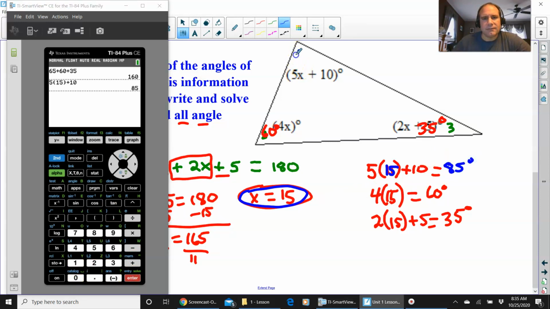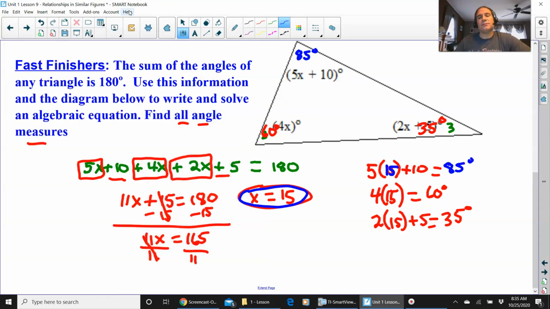Be careful. Now 85 plus 60 plus 35, that equals 180, and I have the right answers. So just stop yourself, look at it. Don't turn the page. Look at it and say, wait, this plus this plus this doesn't add up to 180. Something's wrong. And then you could quickly fix that problem.